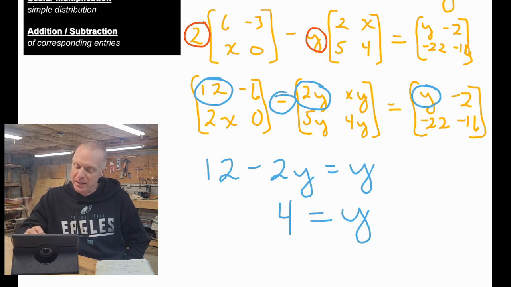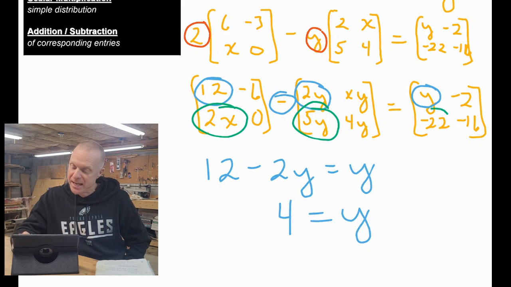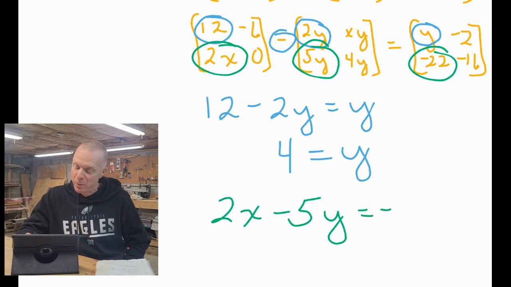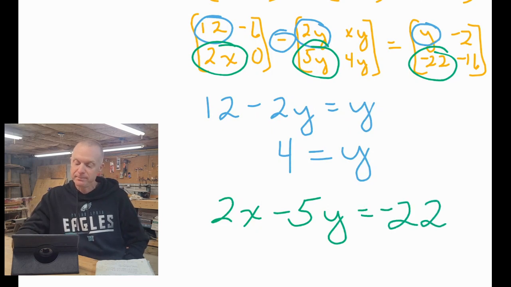And as you continue to survey the problem, you realize that you're also trying to find x. And if you're trying to find x, you want to take some entries that contain x. And so we have ourselves another very simple subtraction problem. 2x minus 5y is going to equal -22. All right, and you can solve that for x. Of course, you already know what y equals.